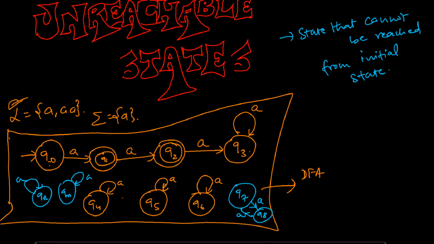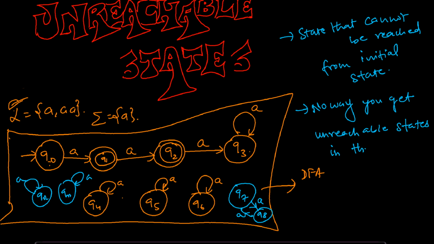There is no way you get unreachable states in the state sequence of a string. So what is the purpose of these unreachable states? Just think about it in your mind. Go back a few videos to when we were constructing DFAs.